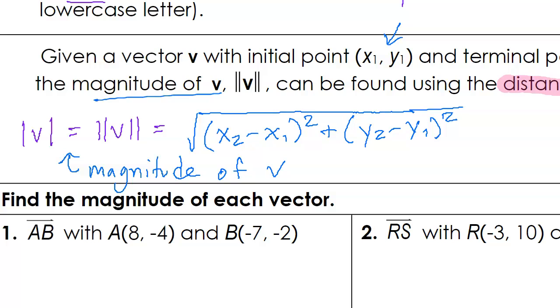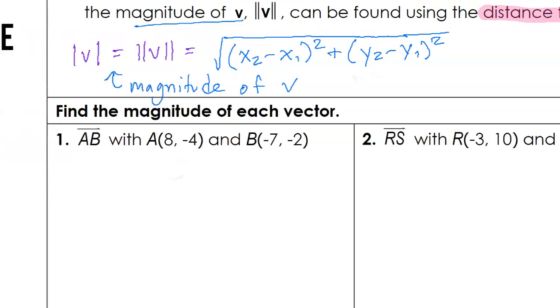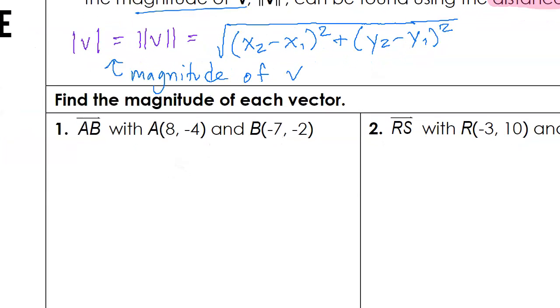Okay, so let's start. I'm going to do this once because at this point you should know how to plug in values to a formula. And we've done the distance formula in your math careers many times. So I'm going to do it one time, just in case you're a little bit foggy. We're going to find the magnitude of AB. So I'm going to put absolute value symbols around AB, and it means the magnitude of AB. And I'm going to label these with x1, y1, x2, y2.